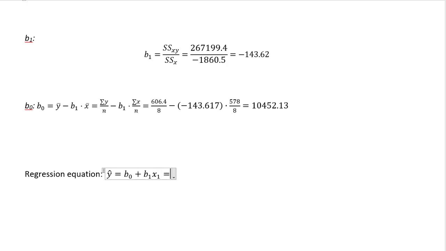So therefore we have negative 10452.13, and then plus, actually minus 143.62 x. If it's a multiple linear regression, then you need x1, x2, so you need a subscript. But since this is a simple linear regression, you just have one single predictor. So in this case, you don't have to put the x sub 1.